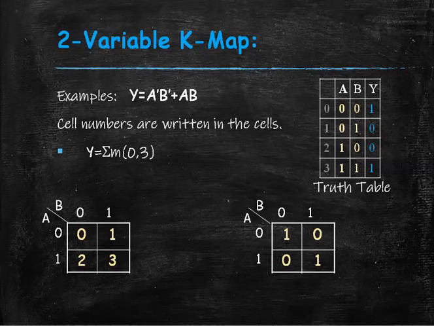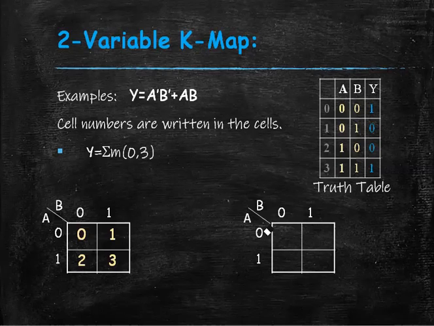And now we obtain the K-map directly from the truth table. For that, look here. For the values of 0 0, the output is 1.